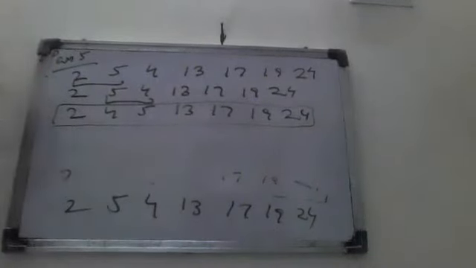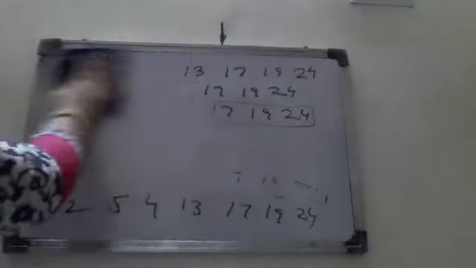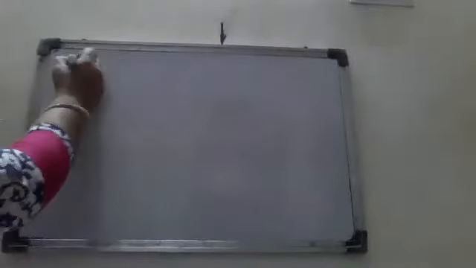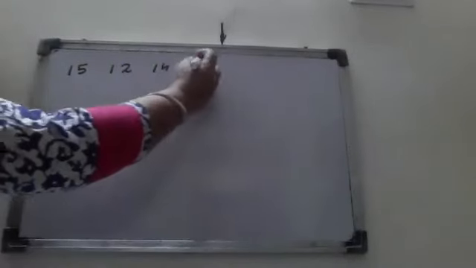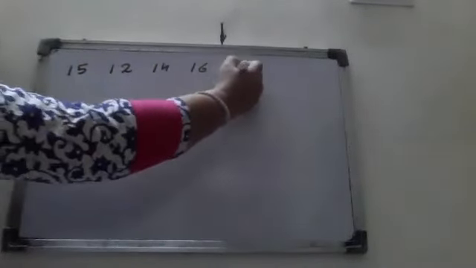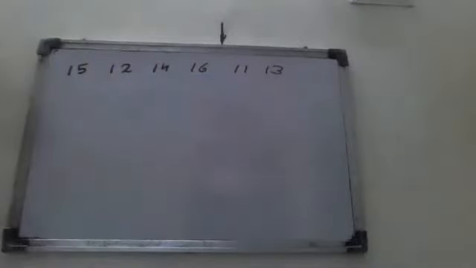The next one is the insertion sort. How can we do insertion sort? Just see here. In the insertion sort, suppose these are the values: 15, 12, 14, 16, 11, 13.